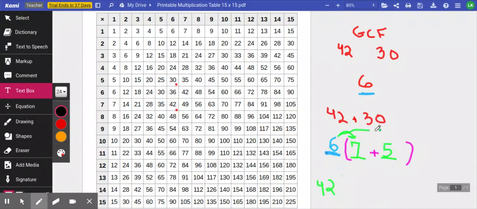And how about 6 times 5? Yep, that equals 30. And there's a plus in the middle. So I got the same expression that I started with. All we're doing here is undoing the distributive property. All right, now you guys are going to try some.